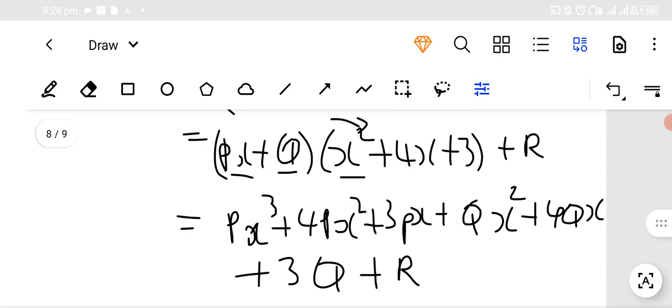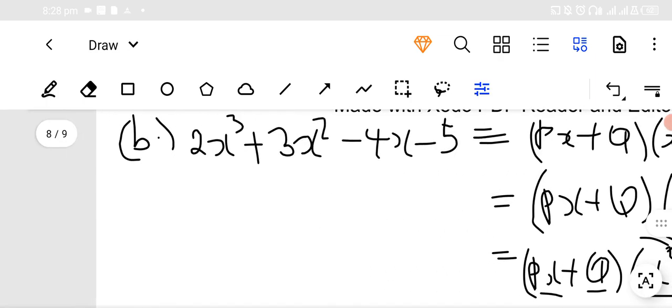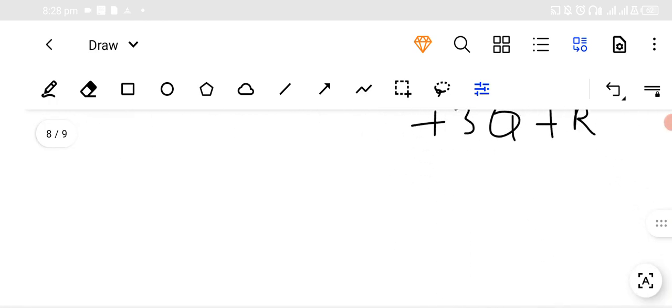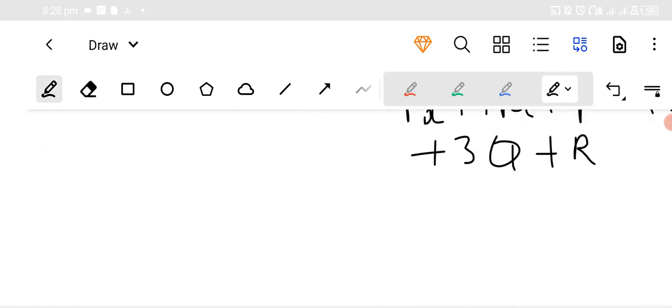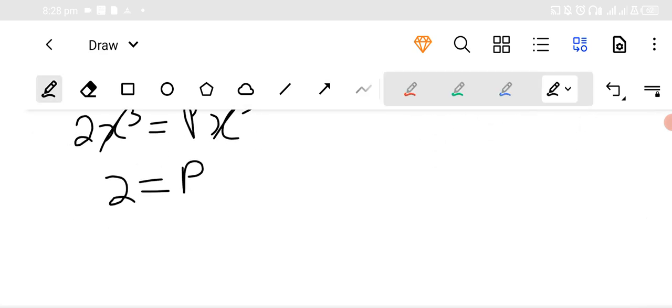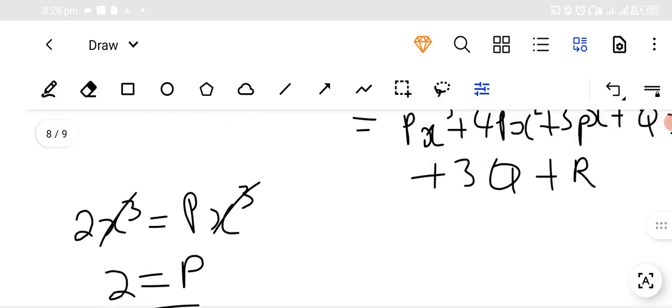We can conclude from the left hand side that 2x cubed is equal to px cubed, and then x cubed will cancel out. 2 is equal to p, or p is equal to 2. That is your first solution.